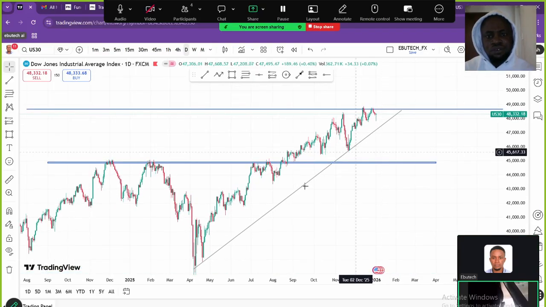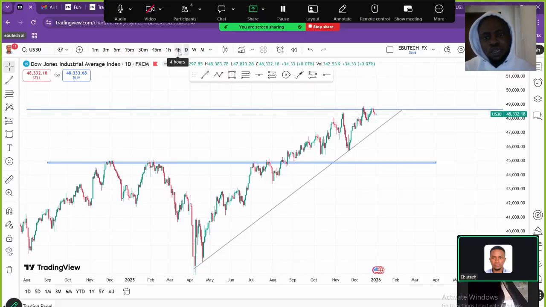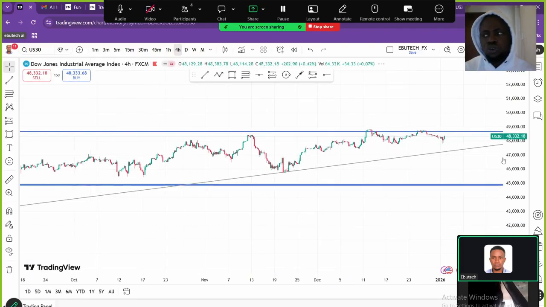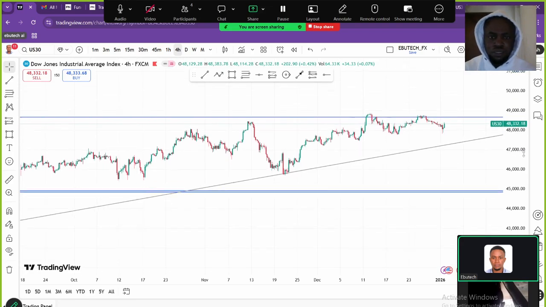Then we'll mark out where we'll enter our entry level. Once we have already identified the trend of the market, we already know the market structure. So the next thing now is the position where we are going to be selling or buying the market, right?